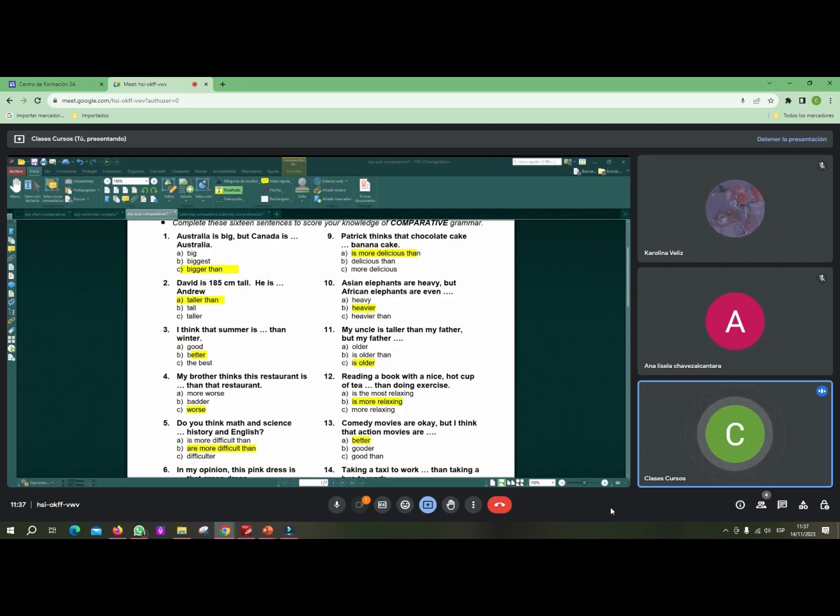Igual yo les voy a notificar en el grupo de WhatsApp cuando ya puedan realizarla, ¿ok? Igual estudien la clase de ahora de los comparativos. Si usted tiene preguntas, no duden en hacerlas en el grupo, ¿ok?